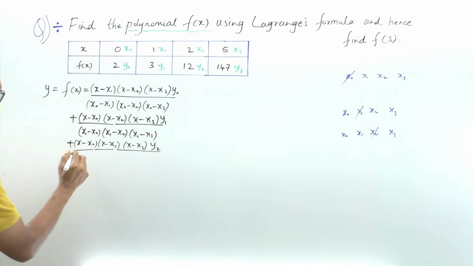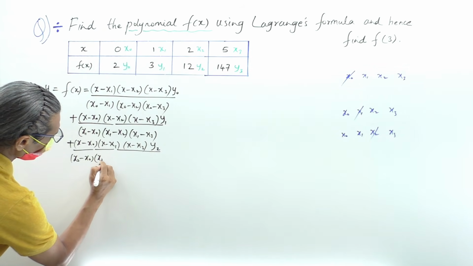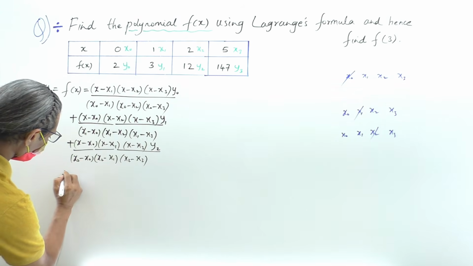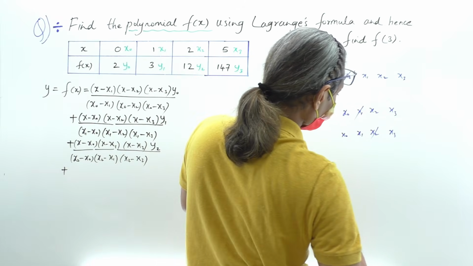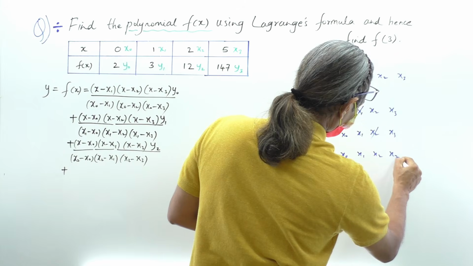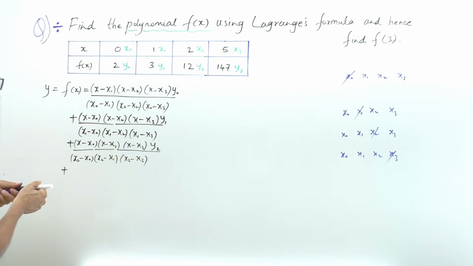See, so simple to make. Okay, x2 minus x0, x2 minus x1, x2 minus x3, and lastly we don't take what? x3. So x0, x1, x2, x3. That's it. Then later I can rub it. Okay, that's plus.